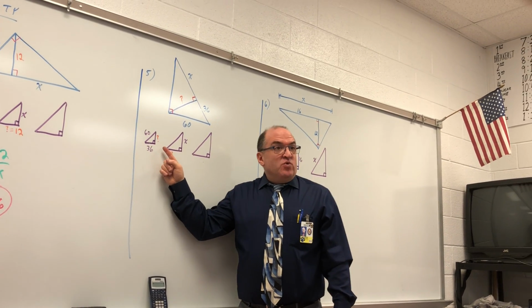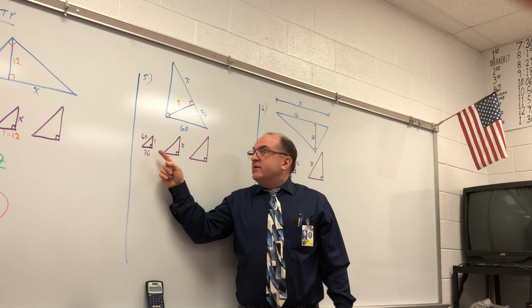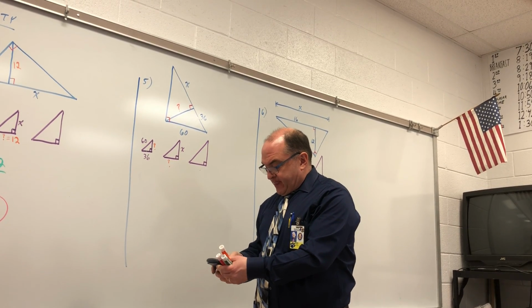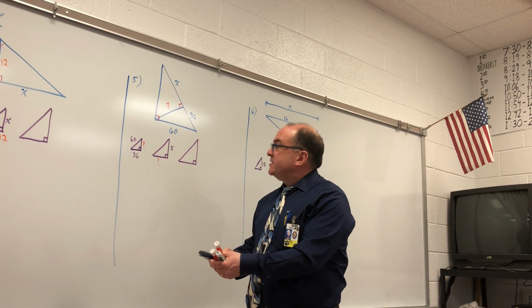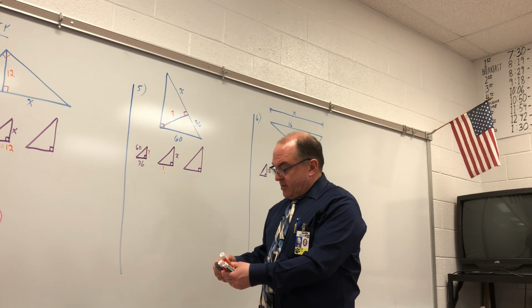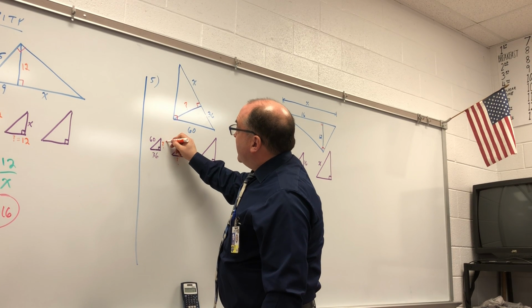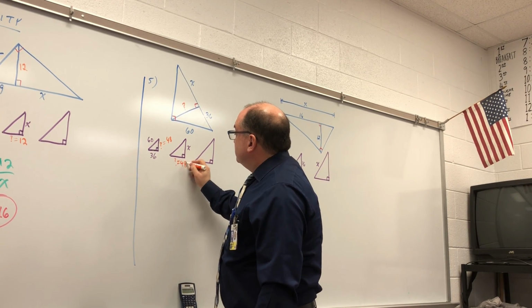How do I find this one? Do I add or am I going to subtract? I'm going to subtract, right? So I'm going to do the square root of 60 squared minus 36 squared, which gives me 48. Which makes this 48 and this 48.